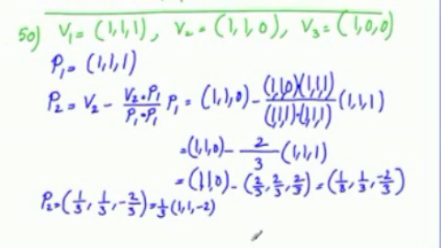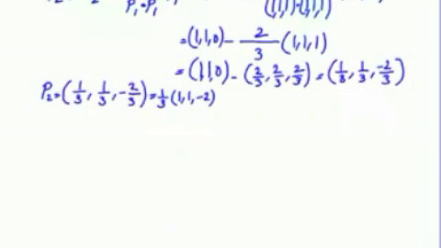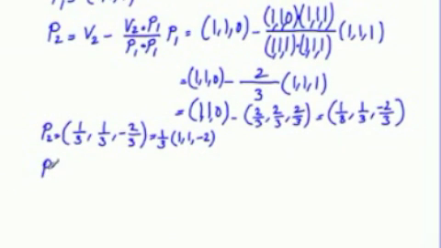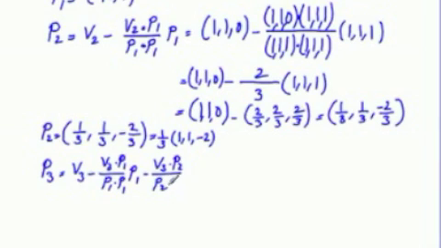That makes my life a little bit easier. Now I go for the next round. P3. Who's P3? It's V3 minus copies of this type: V3 · P1 over P1 · P1 times P1, and V3 · P2 over P2 · P2 times P2.